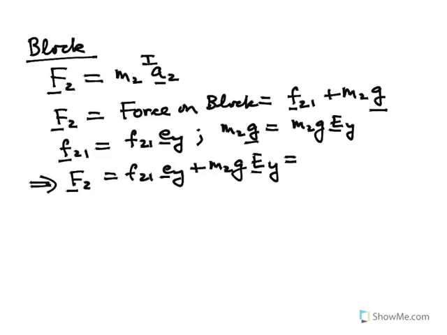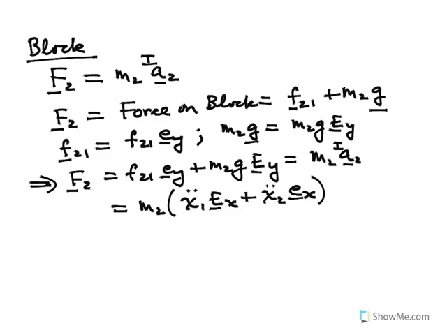And that has to equal the mass of the block times the acceleration of the block in the inertial frame, but that's equal to the mass of the block times x1 double dot big EX plus x2 double dot little ex. Now, from this equation, we get the following.